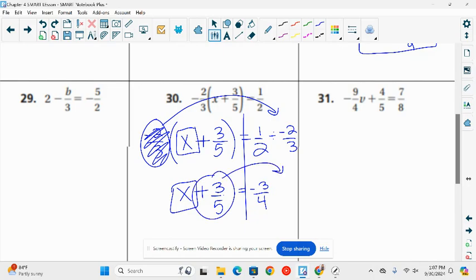What operation am I going to have to do to move it? Subtraction. So negative 3/4 take away 3/5. Negative 47 over 20, or you could just leave it like that.